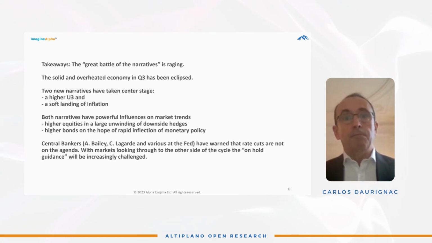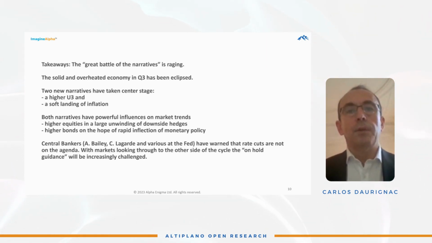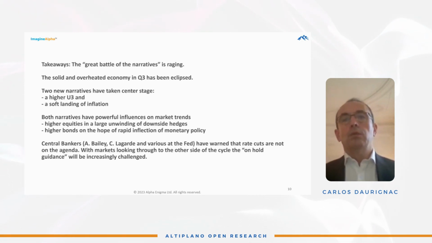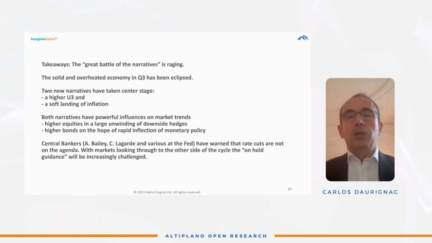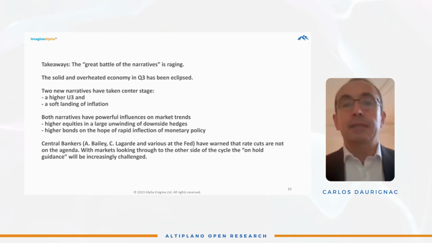For us, the most important development over the last 2 weeks, in fact since the November 1st FOMC, has been the rise of unemployment. We follow all the different classes of unemployment, but U3 in particular. U3 has risen to 3.9, and that has triggered what we call the ImagineAlpha unemployment rate rule.